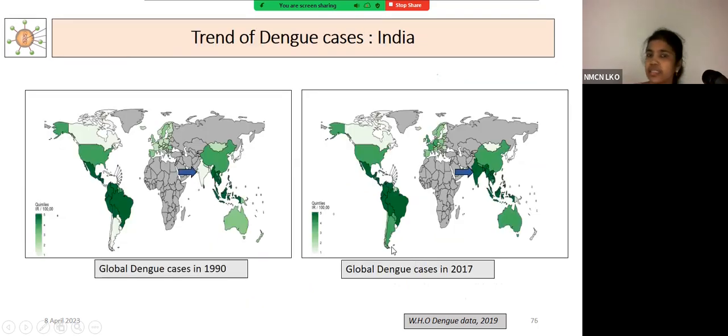Then comes the trend of dengue cases in India. If you see the India map globally, in 1990 how hypoendemic it was, but by the end of 2017, India became one of the hyperendemic zones in the world map.